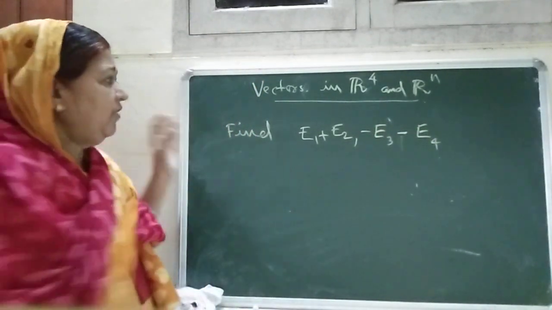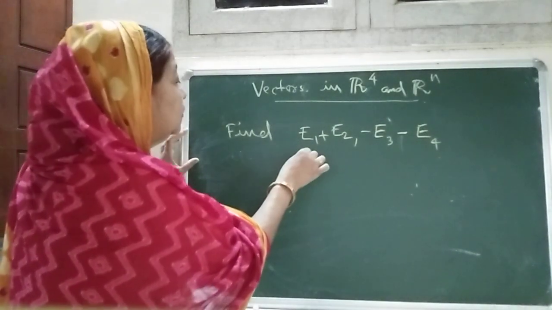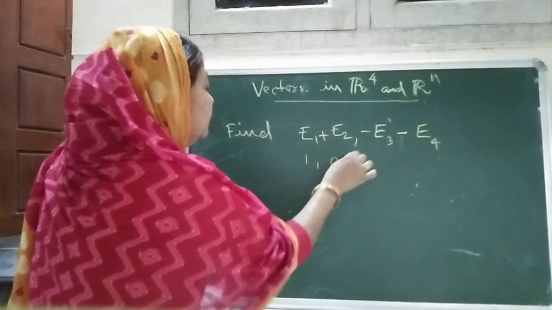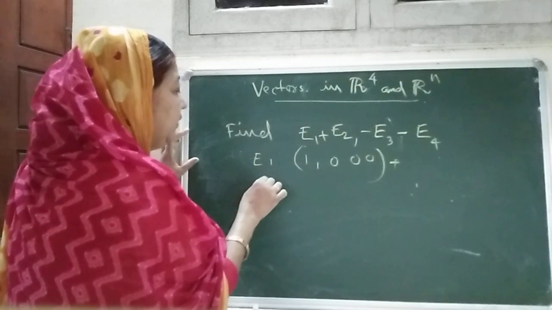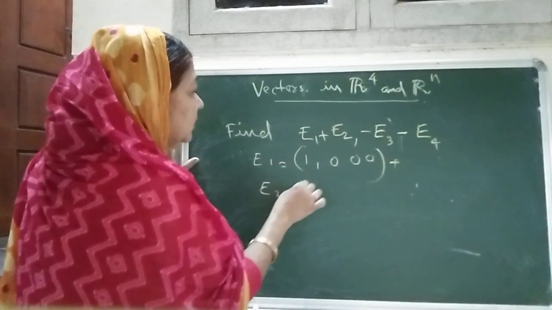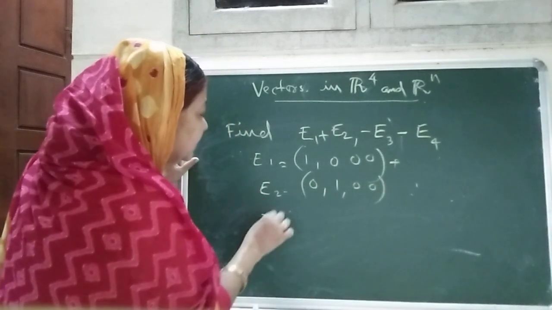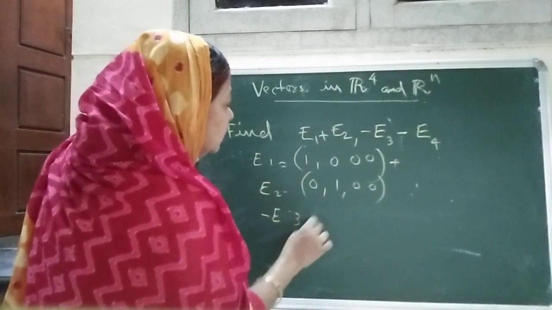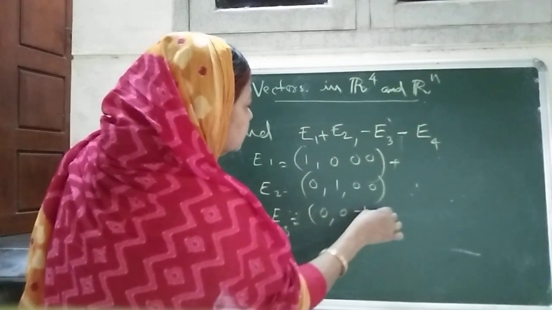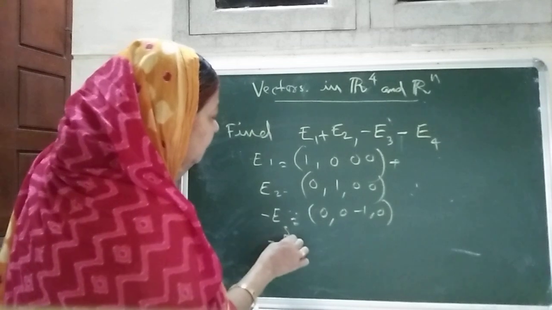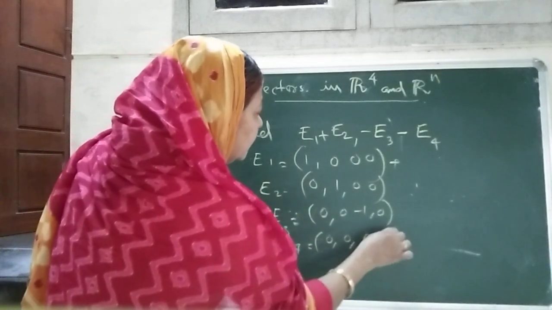Find the hyperplane. We know this vector E1 is nothing but E1 equal to 1, 0, 0, 0 plus E2, E2 equal to 0, 1, 0, 0 and minus E3 equal to 0, 0, minus 1, 0 and minus E4 equal to 0, 0, 0, minus 1.